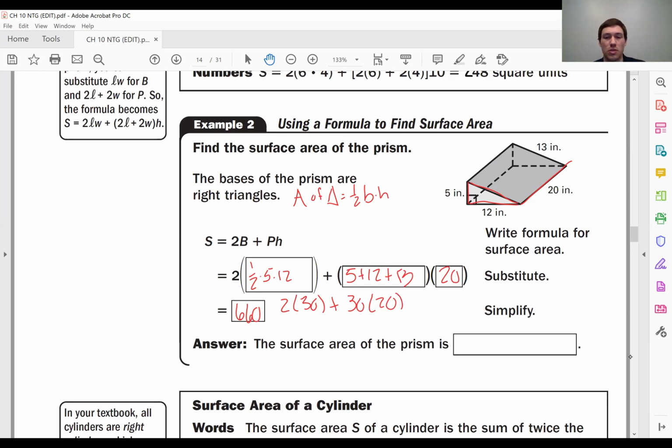So 2 times 30, so 60 plus 600. Yeah, it's 660. So the surface area of the prism is 660 square inches.